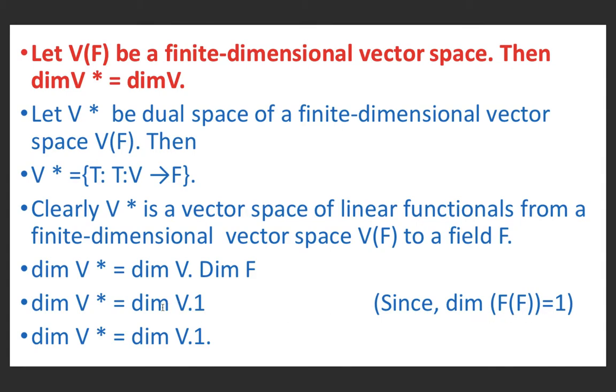It means dimension of V into 1, which is equal to dimension of V. Therefore, dimension of V star is equal to dimension of V. Dimension of the dual of V and dimension of V are the same.